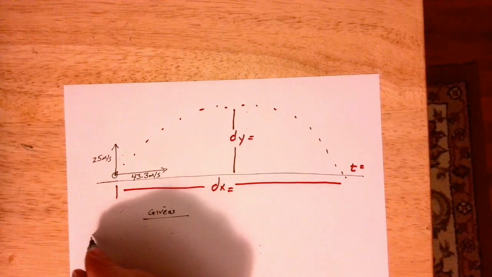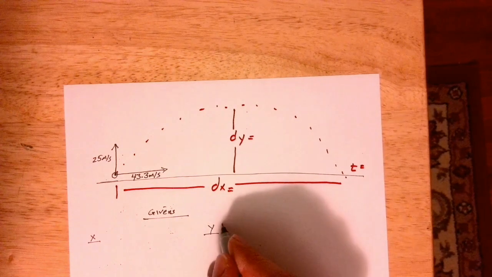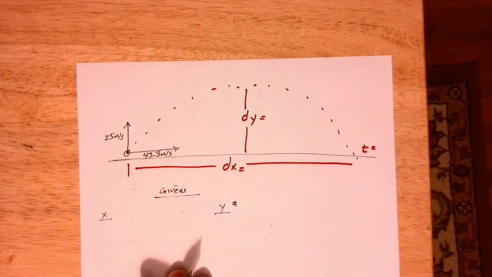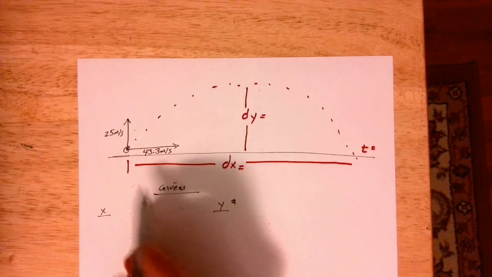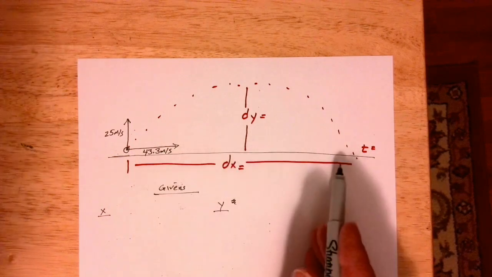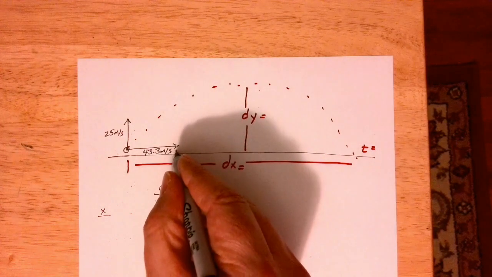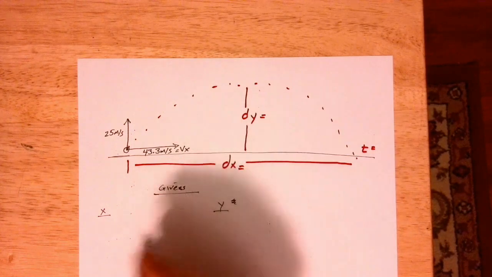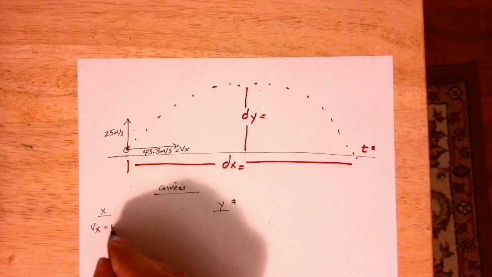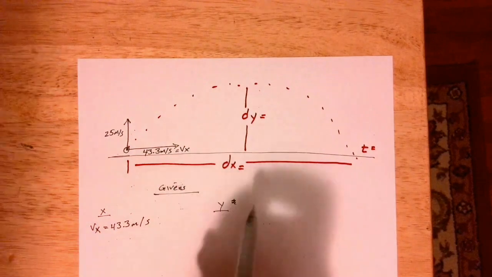We want the givens in the x direction and also all the givens in the y direction. I don't need that there. So in the x direction, what do we know? Only look at this part right here, so anything going across horizontally. The only thing we have here is this value, which is your v sub x. So v sub x is 43.3 meters per second. Is there anything else acting in the x direction?